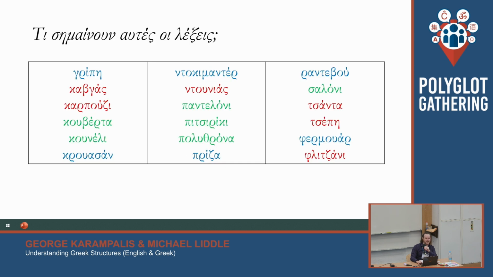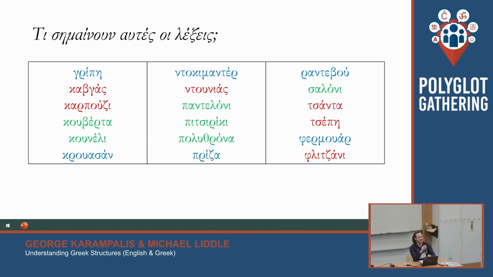Okay. So, let's see if we can work out what any of these are. So we have gripi. Yeah, flu. Yeah, gripi. Kavgas. Yeah, fight. Well done. Yeah. In Serbian, you said? Awesome.